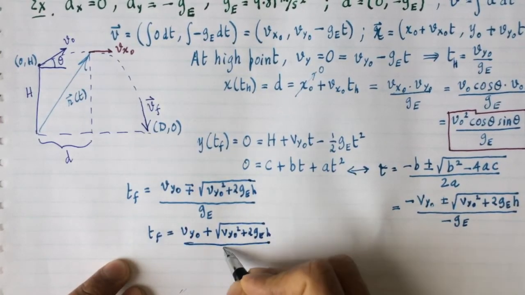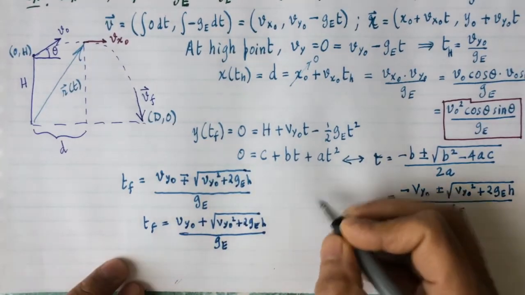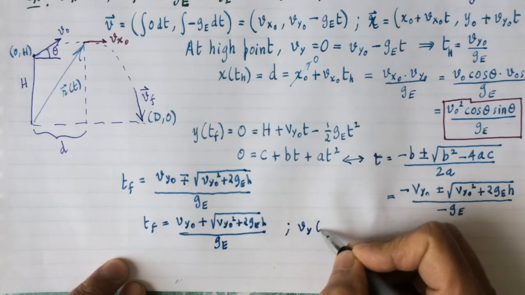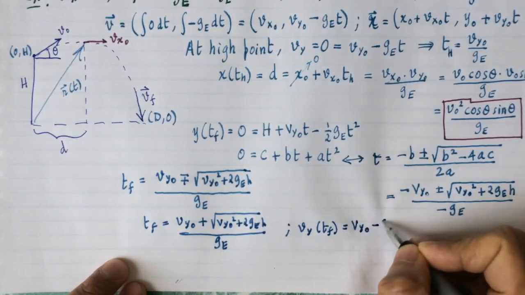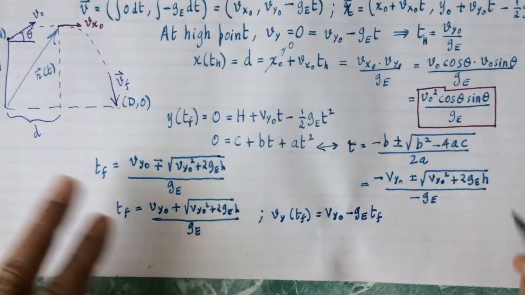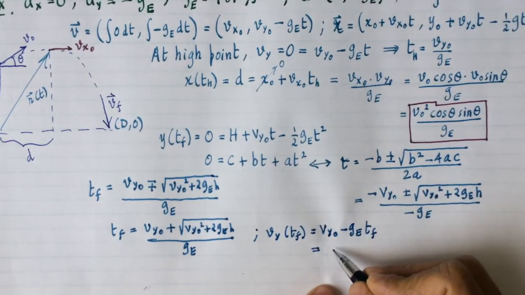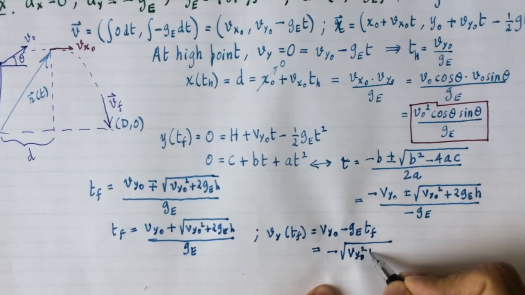divided by g. Once I know this, I can immediately substitute, and so the final velocity in the y direction is vy naught minus g sub e times tf, and I invite you to show in a couple more lines of work that this ends up being negative square root of vy naught squared plus 2gh.